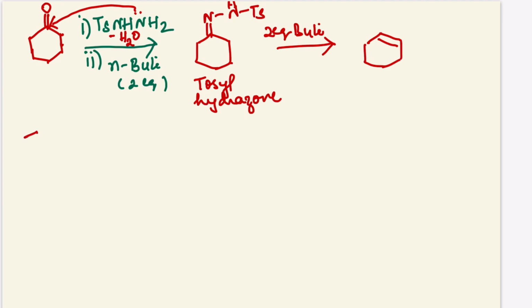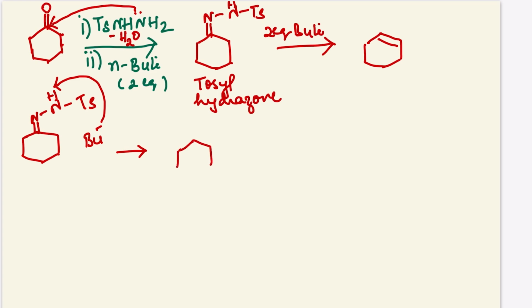Let us quickly look at the mechanism of this reaction. On the tosyl hydrazone, C double bond N, NH and Ts, the first mole of butyl lithium will abstract the most acidic hydrogen, that is the NH. Then we get C double bond N, N minus and Ts.